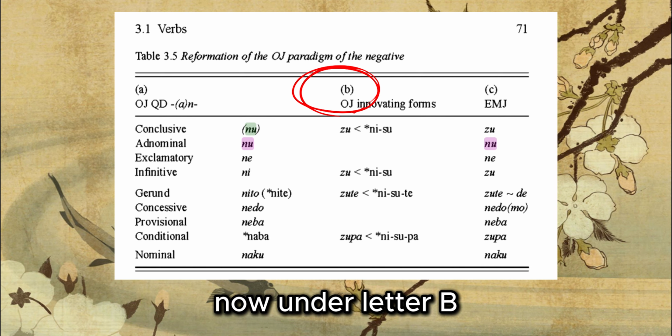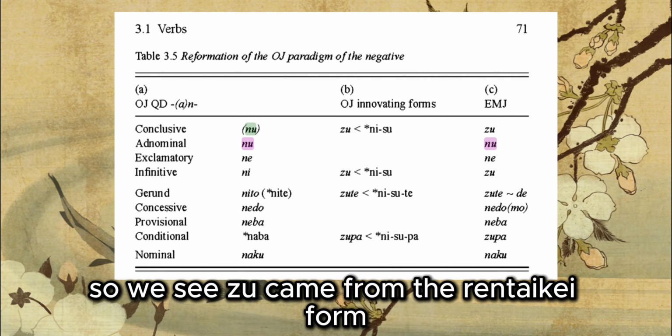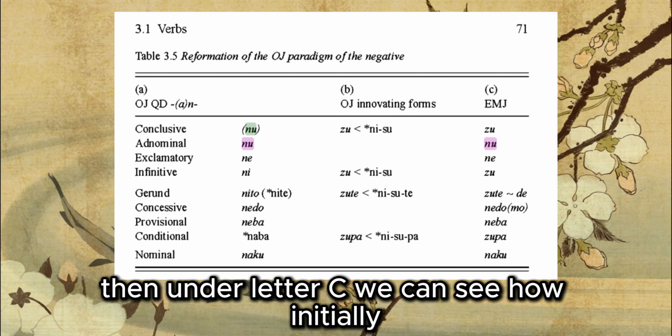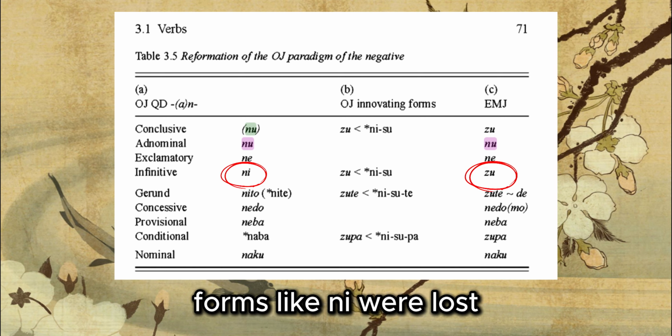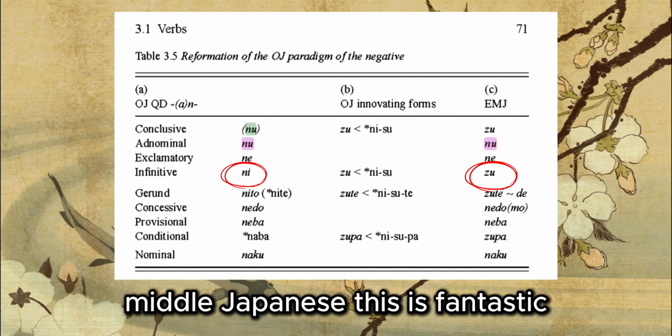Now, under letter B, we see some of the sound changes and combinations. So we see zu came from the renyo-kei form ni, plus the verb su, meaning to do. Then, under the letter C, we can see how initially forms like ni were lost as Japanese transitioned from Old Japanese to early Middle Japanese.